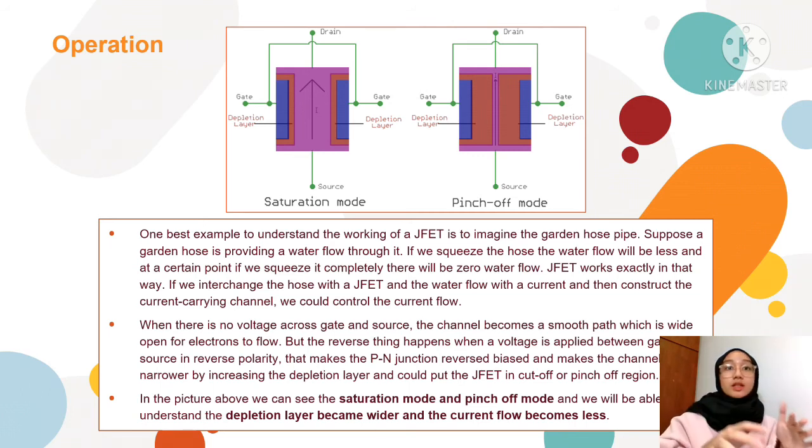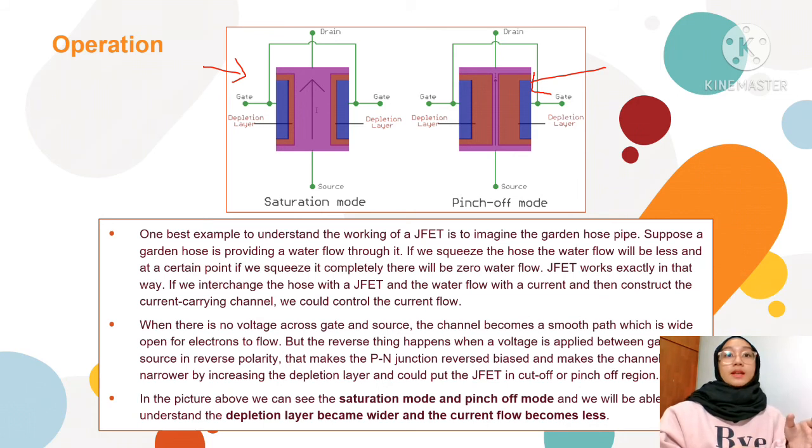So in the picture above, we can see the saturation mode and pinch-off mode, and we will be able to understand the depletion layer becomes wider. So here's the saturation mode, this one, and here's the pinch-off mode.